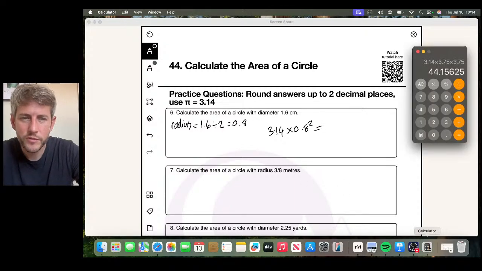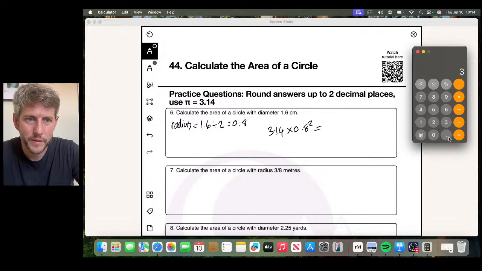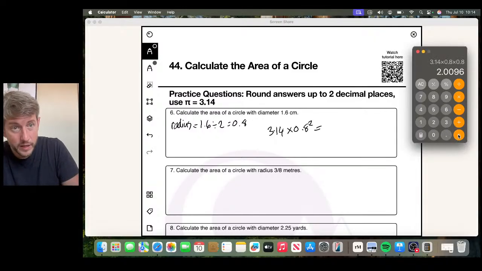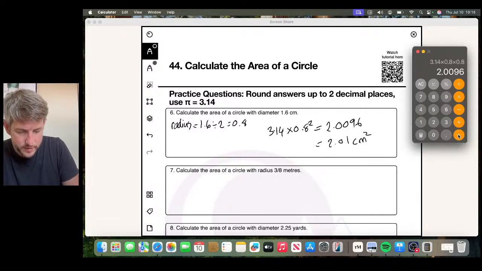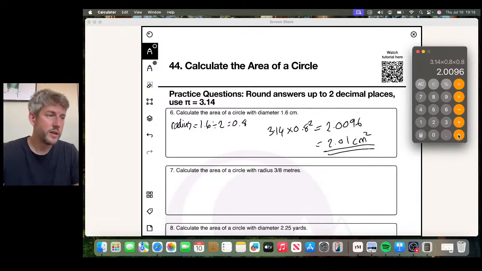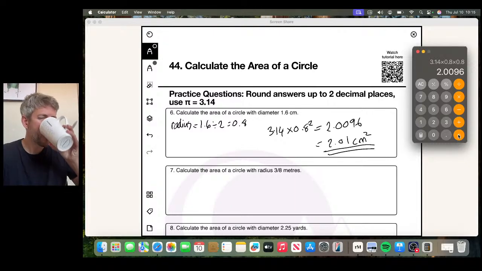Let's see what this gives us. Oh no, that's 31.4. That gives a much different number. And that's 2.0096, which will be 2.01 centimeters squared to 2 decimal places. Okay.